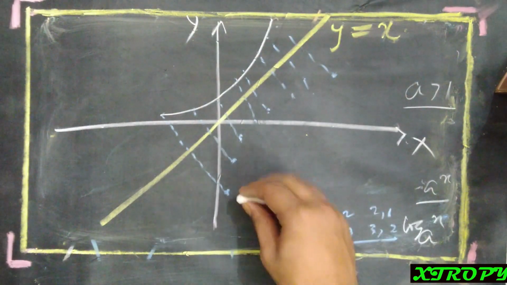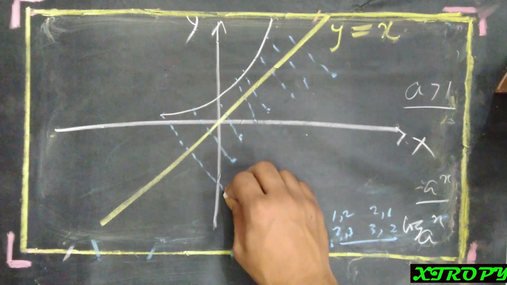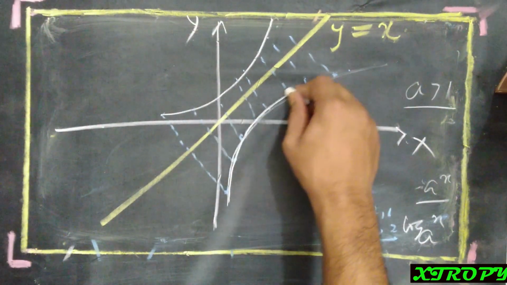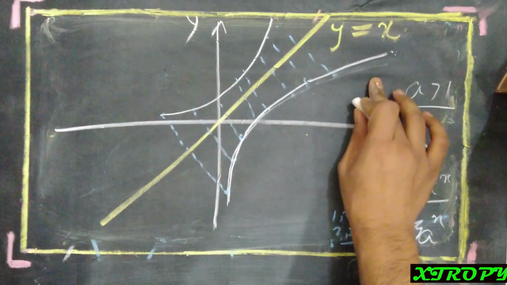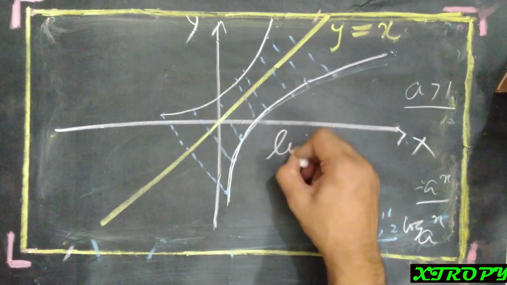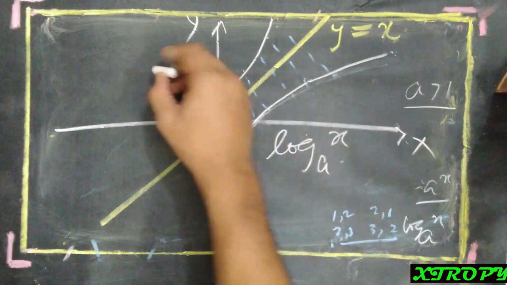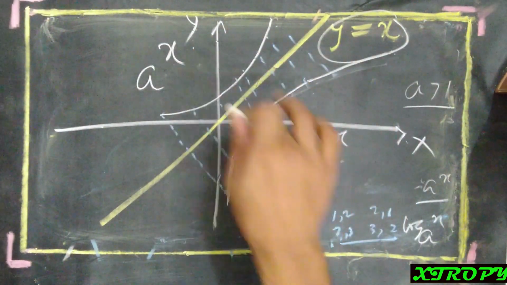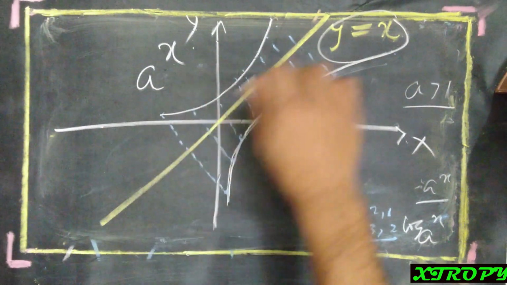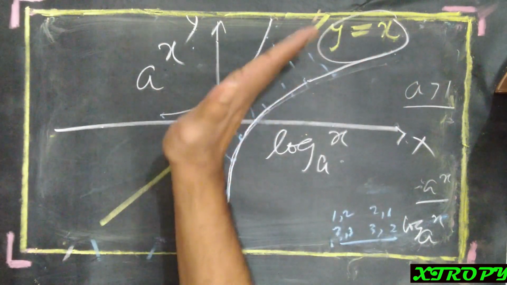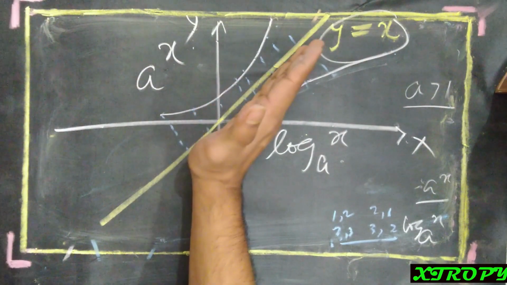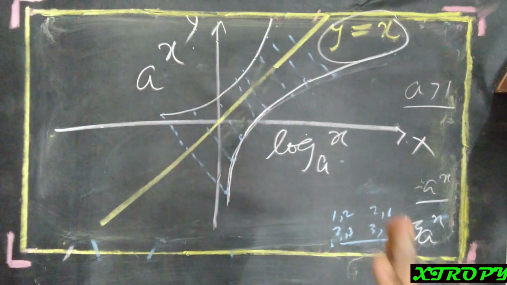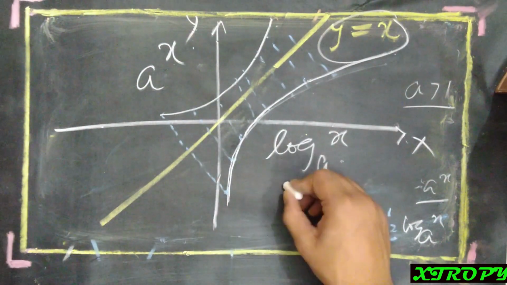Now if you connect the dots, this is actually the nature of the graph of log x base a, and this is your a power x, and this is y equals x. These are mirror images of each other with respect to the line y equals x. This line acts as a plane mirror and gives us the two graphs as a reflection of one another. This is quite an interesting way to approach the graph of inverse functions.